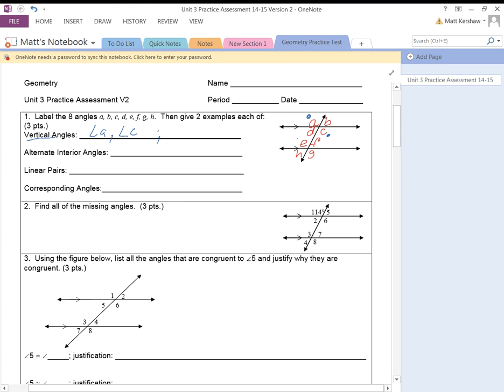Let's do E and G as vertical angles. Remember, vertical angles just means that they're opposite each other. So angle E and angle G. And let's go back now.